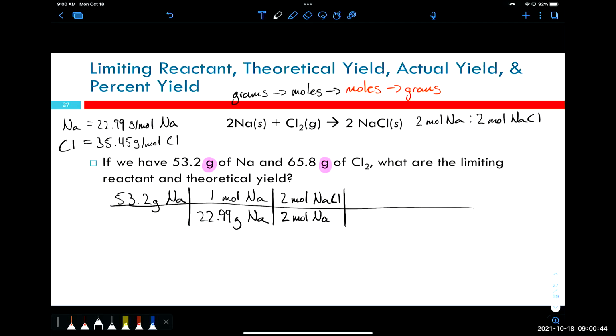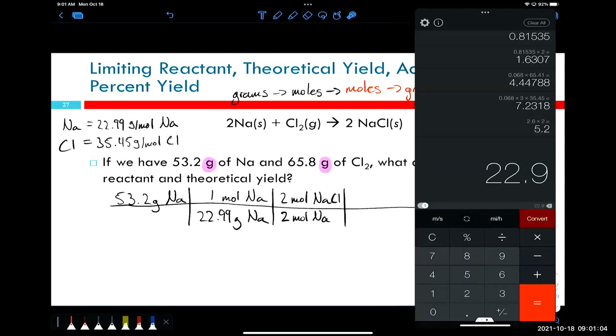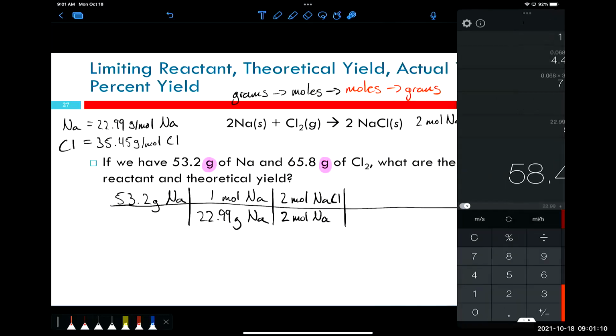So then the molecular mass, as opposed to the atomic mass, of sodium chloride is going to be the mass of sodium plus the mass of chlorine, because that's what makes up sodium chloride. So it's going to be 22.99 plus 35.45. So 58.44.